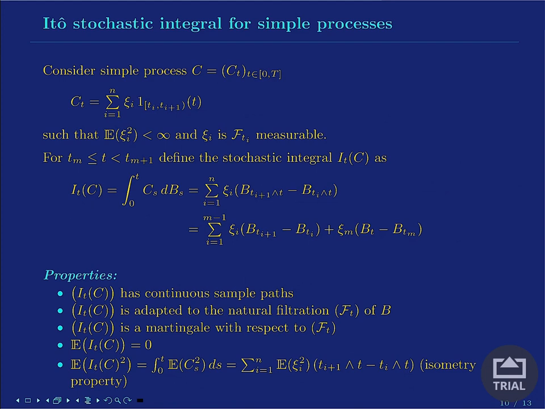Then also it's clear from this representation that it only involves increments up to time t, and also random variables that are measurable at time t. So this means that this process I_t(C) is adapted to the natural filtration of the underlying Brownian motion. More importantly, we have a martingale property with respect to the same filtration.